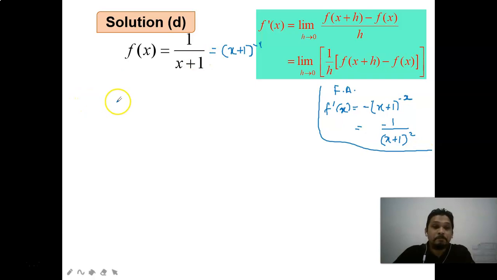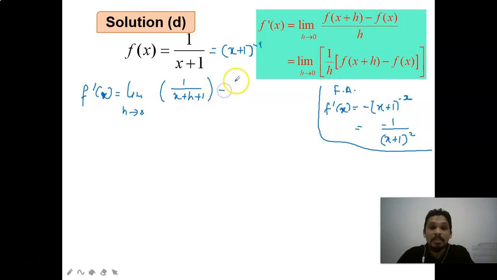Now, f prime x equal to limit again h approaching 0 of 1 divided by x plus h plus 1 minus f x, which is 1 divided by x plus 1, and everything divided by h.